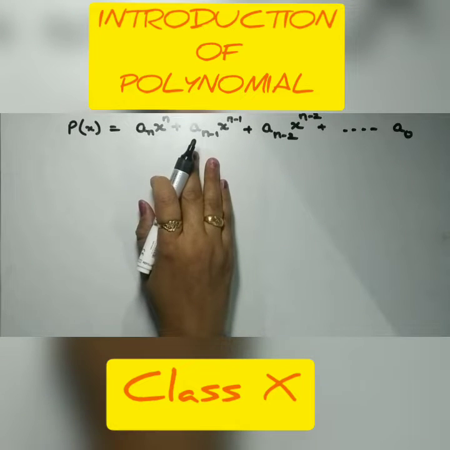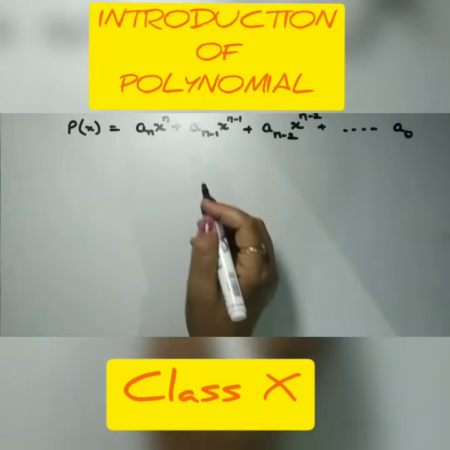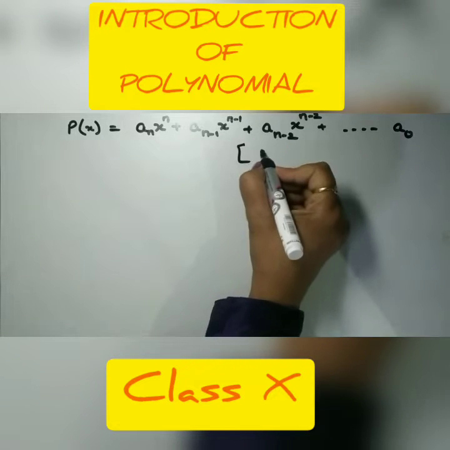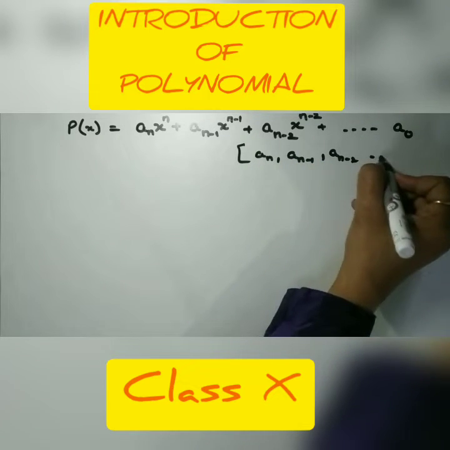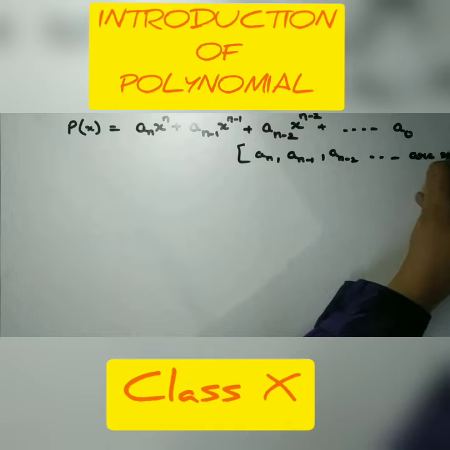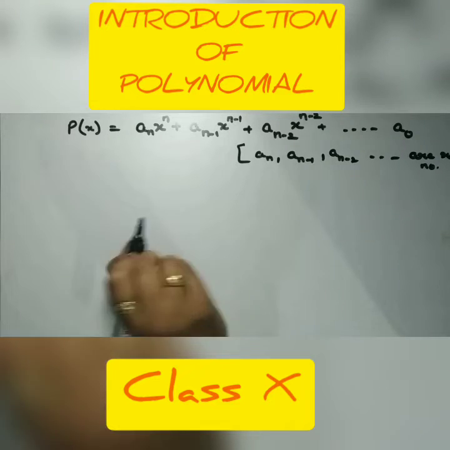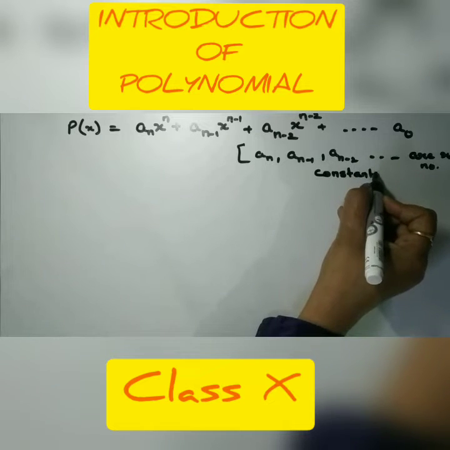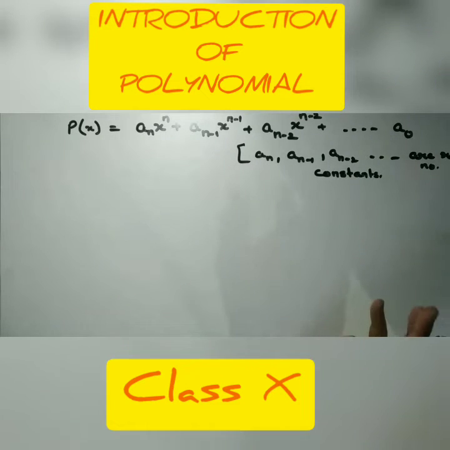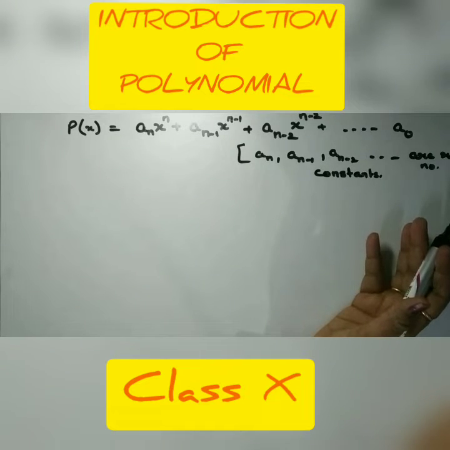Here a_n, a_(n-1), a_(n-2) and a_0 are nothing but real numbers. Real numbers means any number which can be represented on the real number line, or we can call these constants, and x is the variable. So this is the general form of the polynomial.